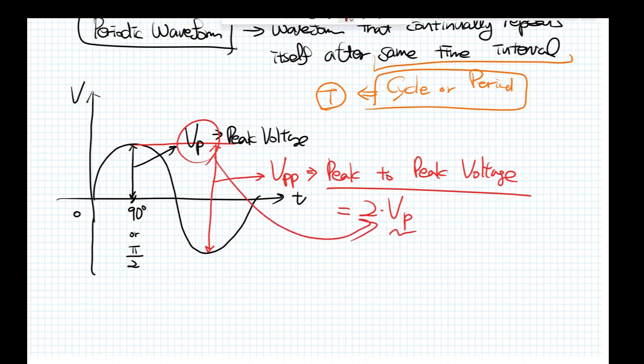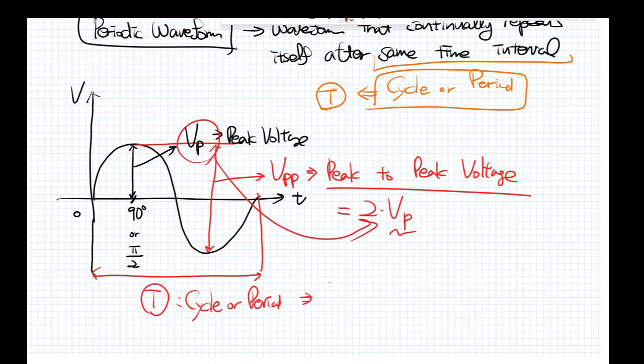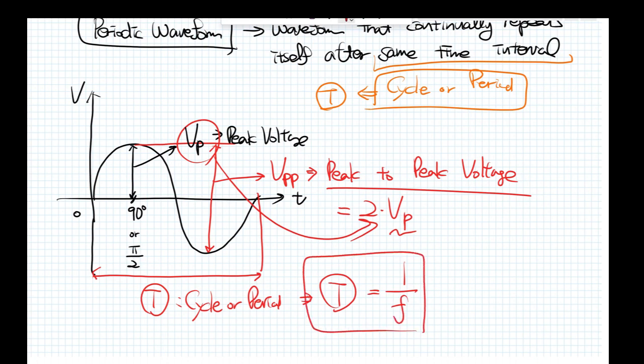From this graph, one period we're going to call the cycle, sometimes the period. And then T, the period, is equal to 1 over f, like this one here.